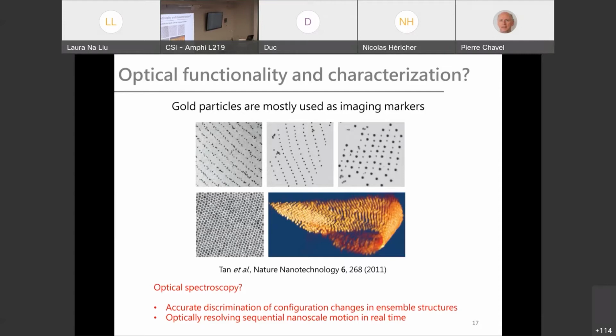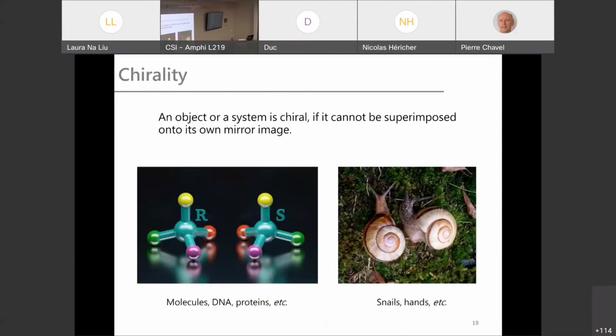And then the question is really whether we can use standard optical spectroscopy to distinguish such nanoscale motion. So with these questions in mind, we have to come up with a new idea to solve such issues. So we would like to use circular dichroism spectroscopy. And I will tell you why step by step.